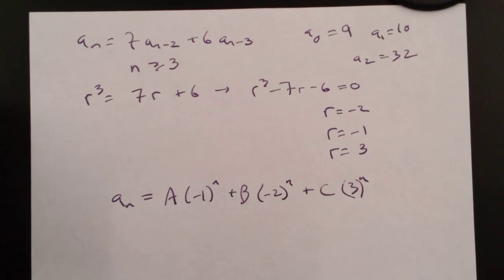Oh no. What error shall I do? I have 3 initial conditions, don't I? That means I can write 3 equations to solve for A, B, and C. 3 equations and 3 variables. a0 is 9. What happens when I put 0 in for all of those n's?